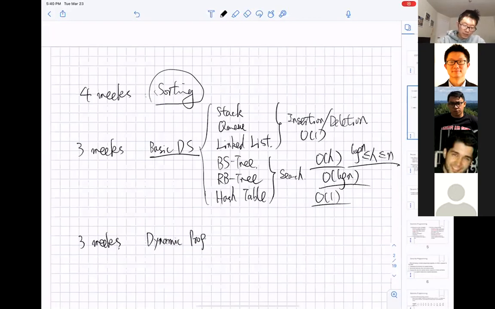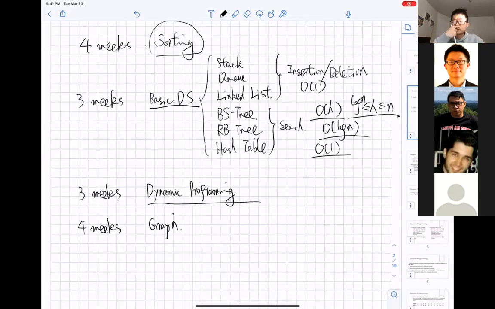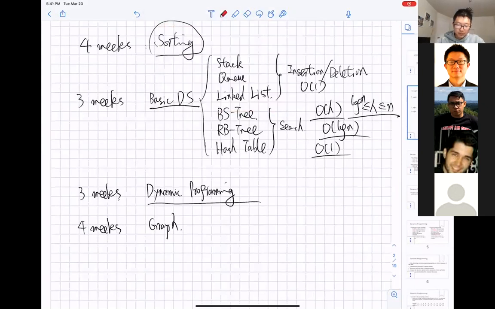After that, we're going to spend another 4 weeks on a topic named graph. So that is the plan, and these are the 4 different chapters that we plan to cover.